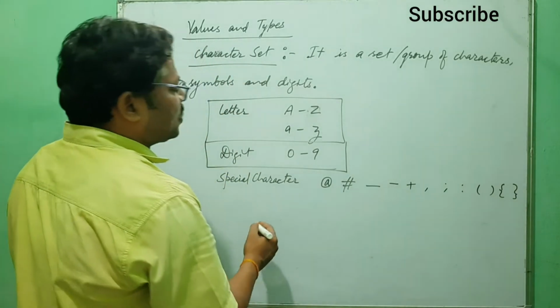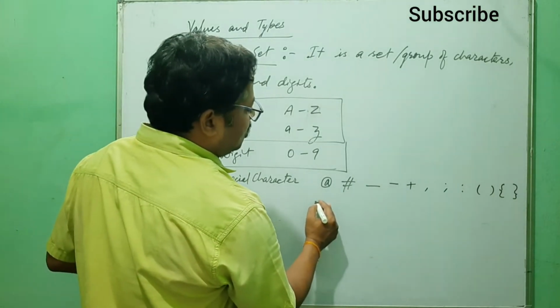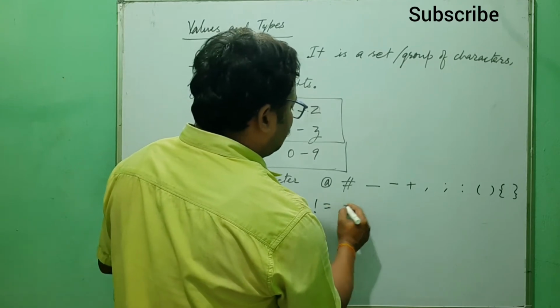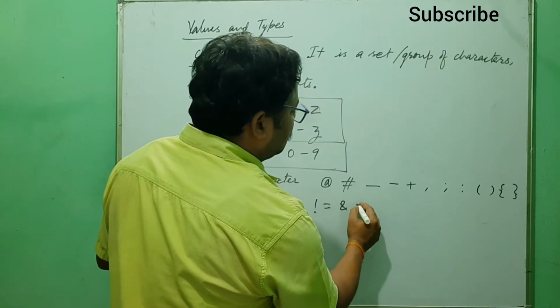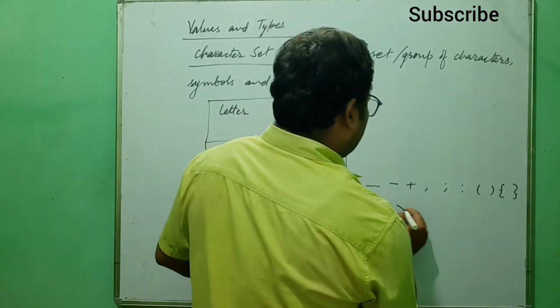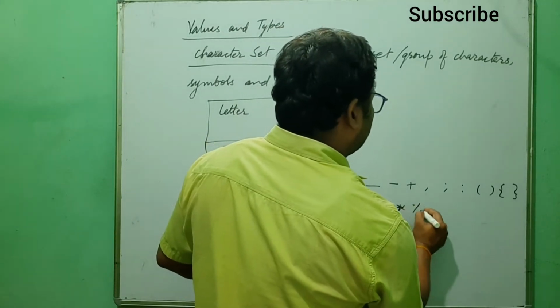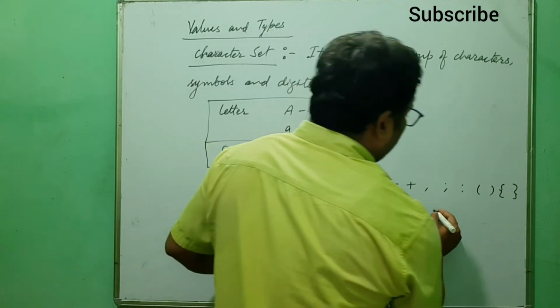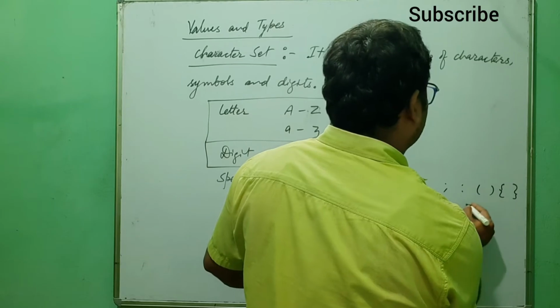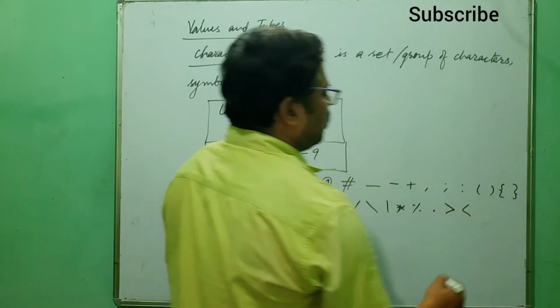That means all the special character symbols: exclamation, equals to, ampersand, slash, pipe operator, asterisk, modulus operator, dot operator, angle brackets, greater than, less than.